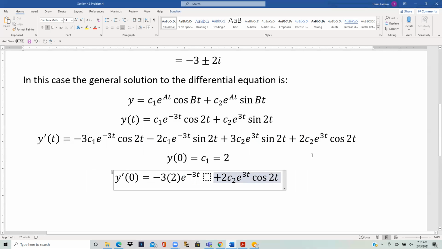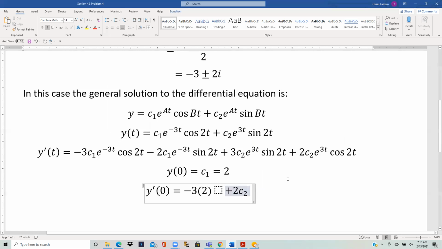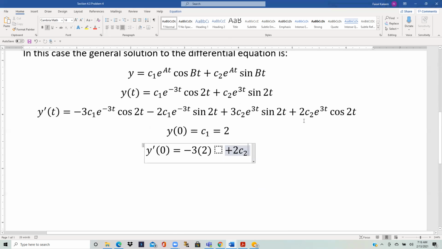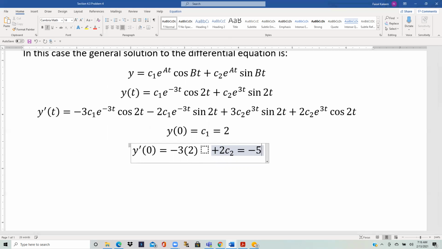And then here you will have 2c2. E to the 0 is 1, so that will go away. And then cos 0 is 1, so that will also go away. So you just have negative 6 plus 2c2, and then y prime 0 is equal to negative 5. So you have negative 6 plus 2c2 equals negative 5.